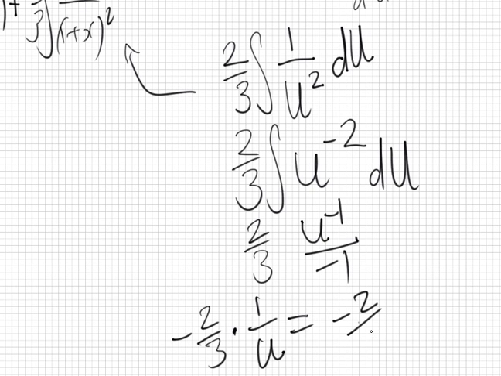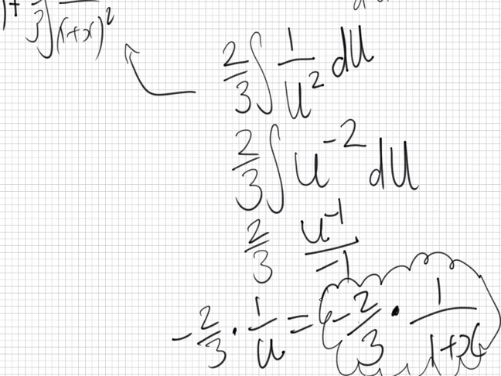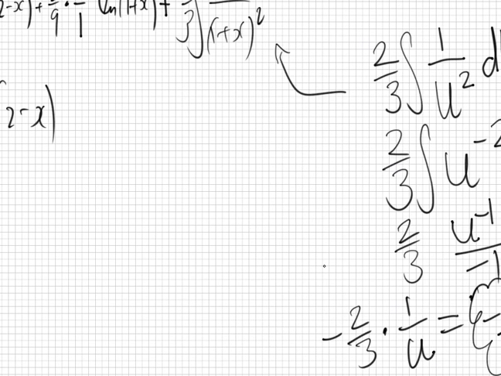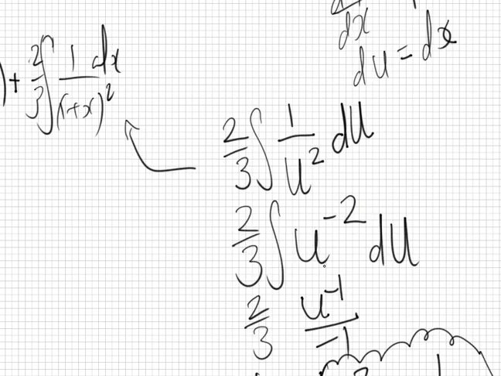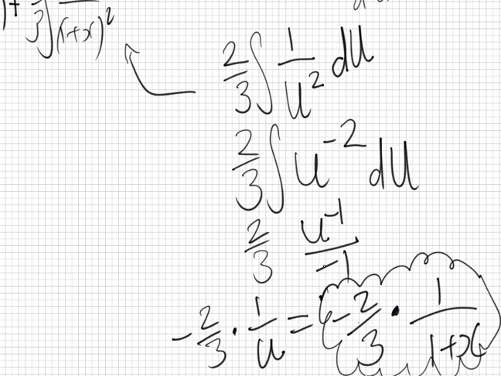Minus 2 over 3 times 1 over 1 plus x. Sorry, teacher. Can you zoom out? I'm going to go back to the left now in a minute. Why, what do you need me to zoom out for? Hey, stop talking.